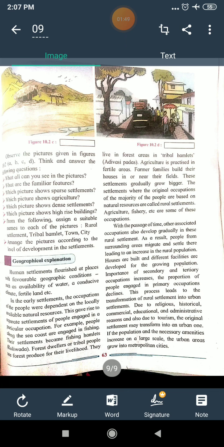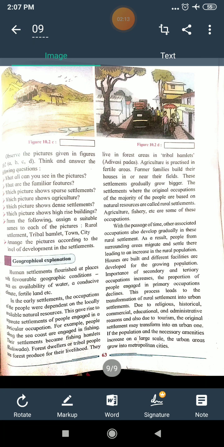So first, human settlements flourished at places with favorable geographical conditions such as availability of water, a conducive climate, fertile land, etc. So we have seen that the human settlements are flourishing or developing at the places with favorable geographical conditions.